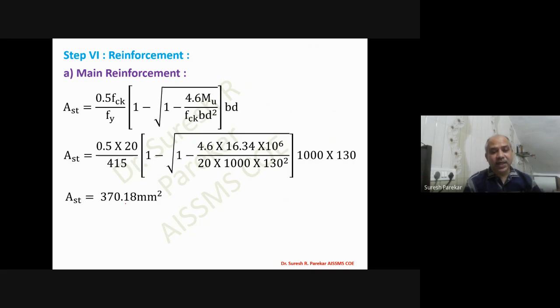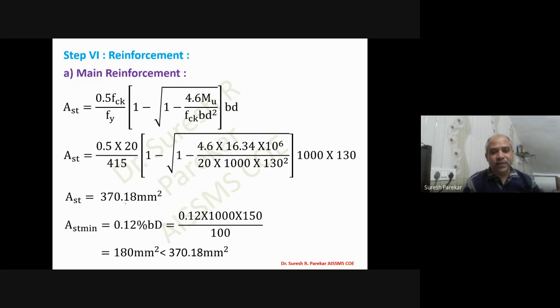Now we have to check this with respect to the minimum reinforcement. So we have Ast minimum 0.12% of bD. Now we have seen that this depends upon your total cross-sectional area, and therefore we have to take capital D. So 0.12 into 1000 into 150 upon 100, or this value is taken as 1.2 into capital D. You can use this to calculate the value of Ast minimum for fy 415, and for fy 250 you can take the value as 1.5 into capital D, and we have this value as 180 millimeter square.